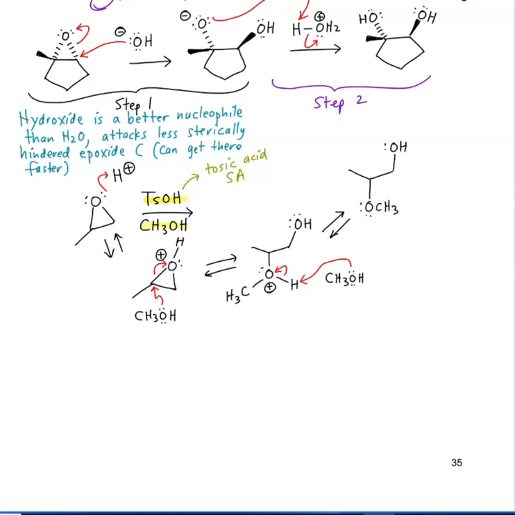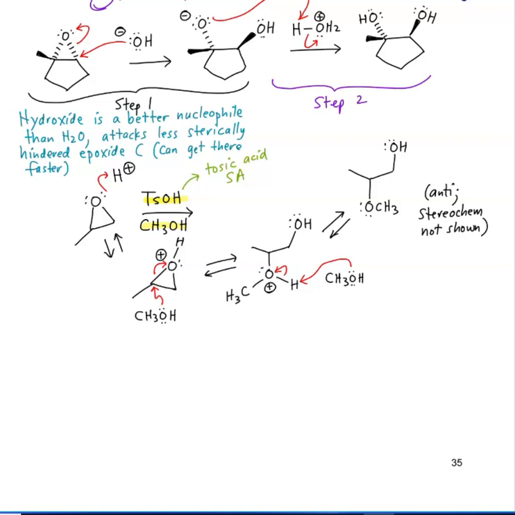Now, I didn't draw any stereochemistry associated with this mechanism, but it's going to be the same as we saw above and on the previous page. It's going to be an anti-configuration. So we'll say, yes, it is anti, but the stereochemistry is not shown. And in this case, we're not really getting a diol.